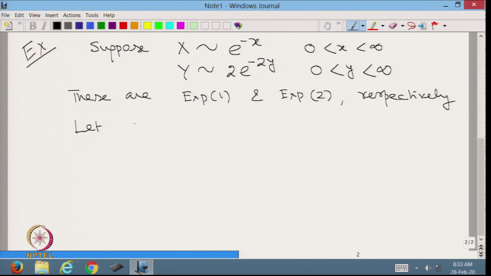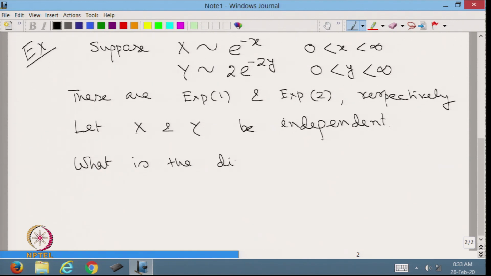Let x and y be independent. So, what is the distribution of x by y? That is the question that we want to solve.